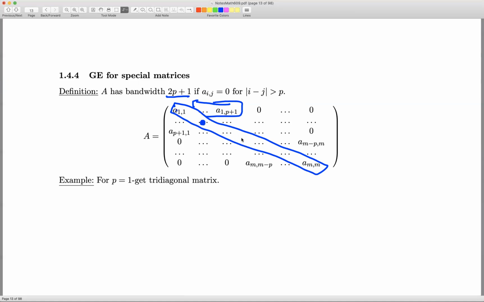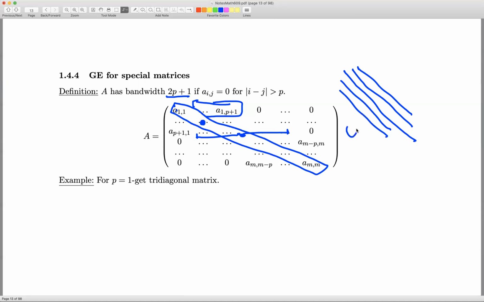So an element of the main diagonal, then p elements in this direction and p elements in this direction may be non-zero. The rest is all 0. You can think of it as, that's why it's called bandwidth, because the main diagonal may be non-zero, and then everything up and down with the same width may be non-zero, and then the rest is 0.